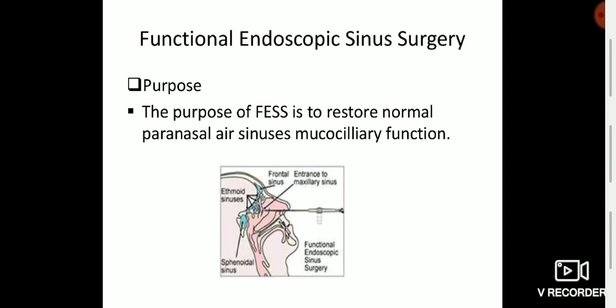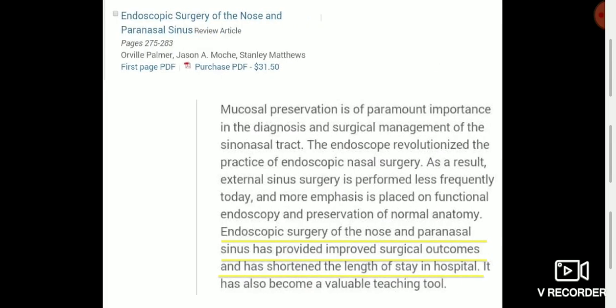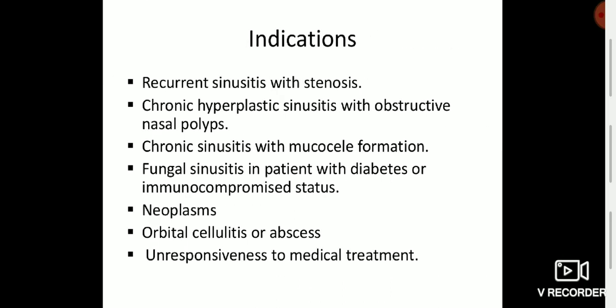Next, coming to the functional endoscopic sinus surgery. It is also called as FESS. The purpose of functional endoscopic sinus surgery is to restore normal paranasal air sinuses mucociliary function. Coming to the indications of functional endoscopic sinus surgery.